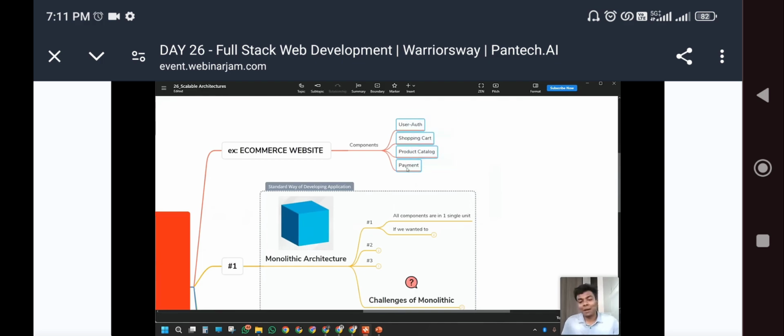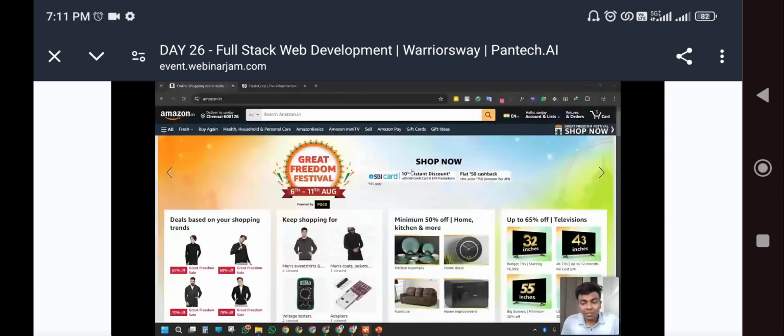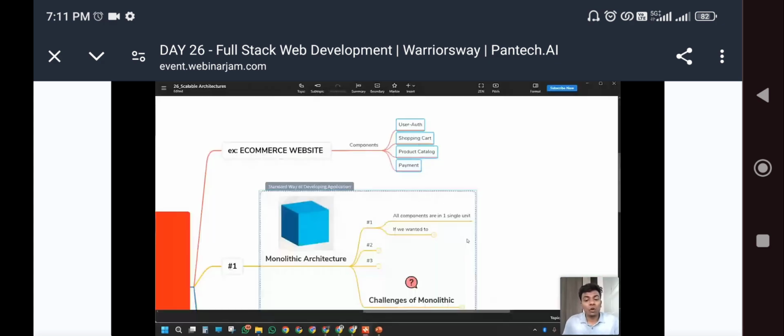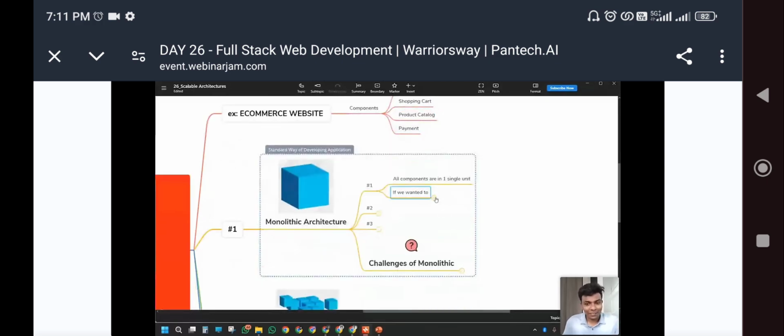I hope you like this example. If you're talking about Amazon, all these components being present in a single unit is called monolithic architecture. If we want to deploy it or scale it, it is easy, because it is just a single unit, where you have used one specific stack.